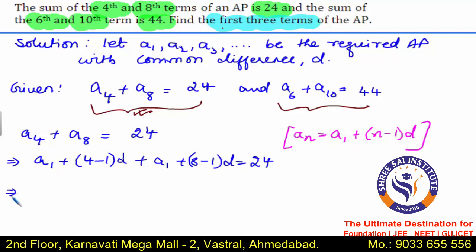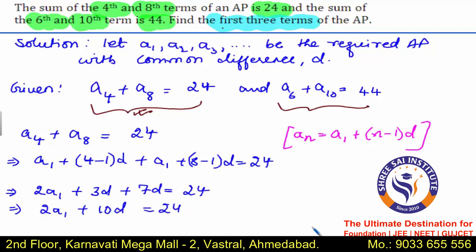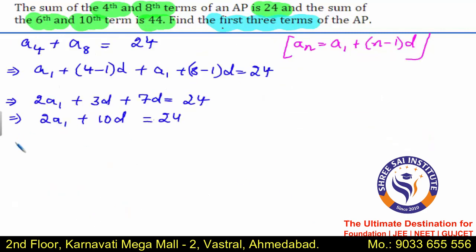So this further implies that 2 times of A1 plus 3D plus 7D is equal to 24, which further implies that 2A1 plus 10D is equal to 24. Now dividing both the sides by 2, this gives A1 plus 5D is equal to 12. Let us denote this by equation 1.